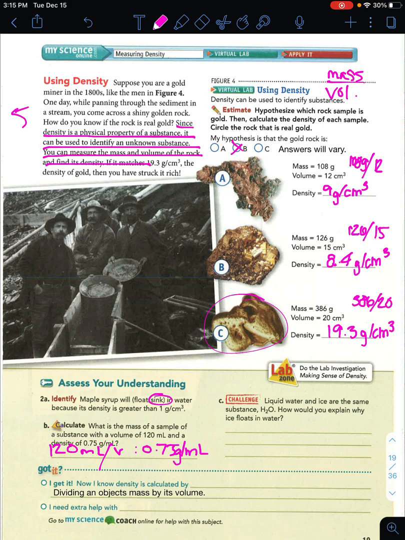So I just need to figure out what the mass is. To do that, remember I need to do a little bit of math, and that's going to give me 90 grams. Thanks for joining me, guys.